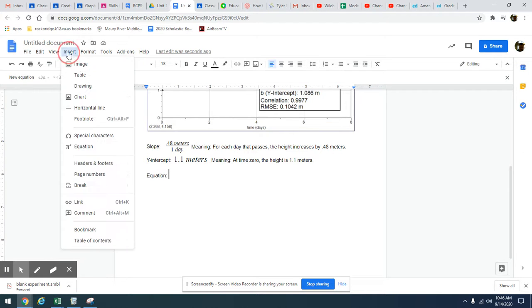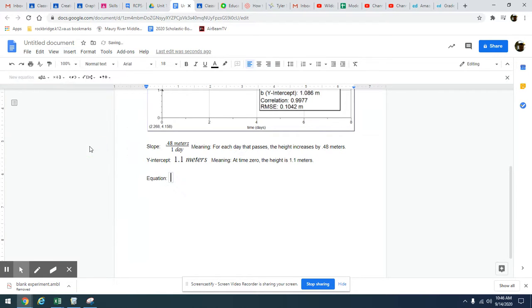So, sorry, I want to insert an equation. And my equation is going to be, in this one, we have height. You could use h there if you want, for short, is equal to slope. Hey, I've got it right here, so I'm just going to copy that. Times time.